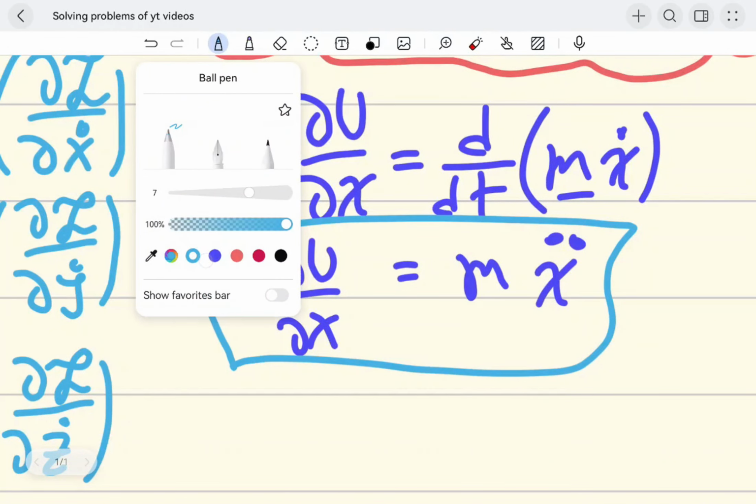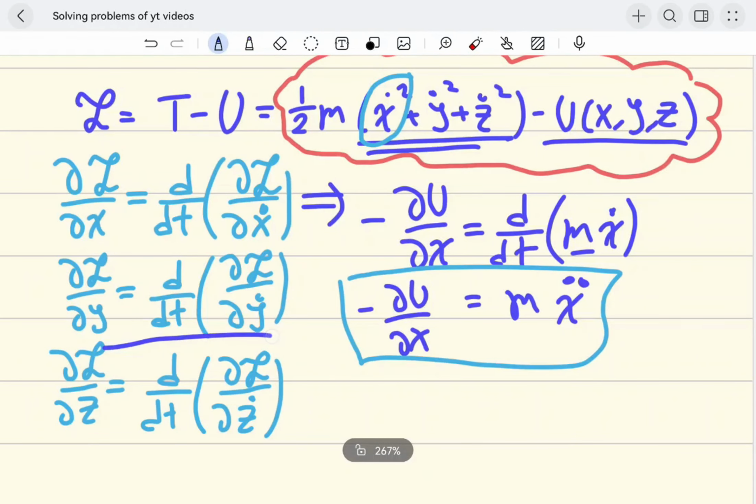For the second part, we have the y position and z position.